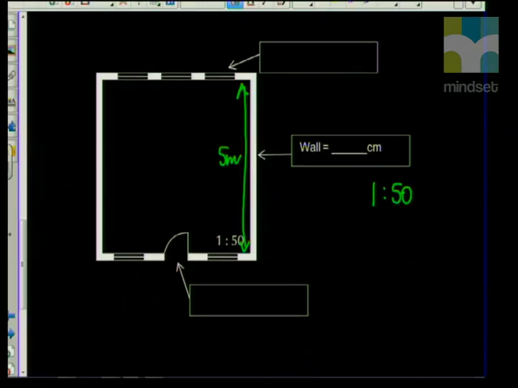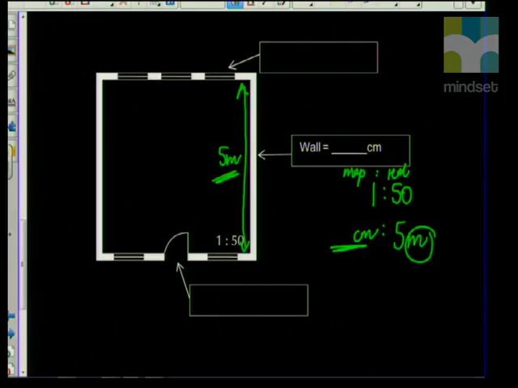I know that this is the real life, and this is my map. I know in real life it's 5 meters, and I want to get it on the map distance in centimeters.